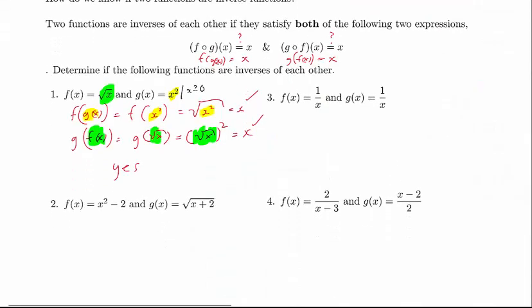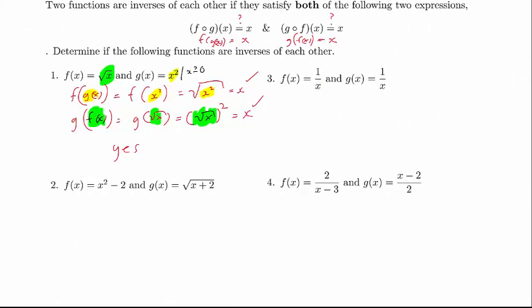All right, let's look at the next one. f of x equals x squared minus 2, and g of x equals the square root of x plus 2. So let's determine if they're inverses before looking at the graph. So f of g of x. Again, what is g of x? That's g of x right there.